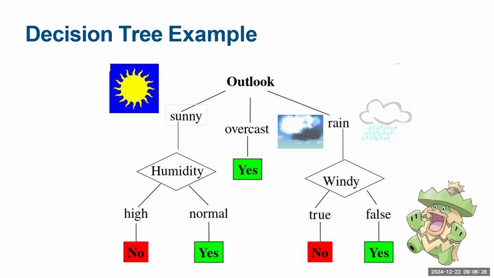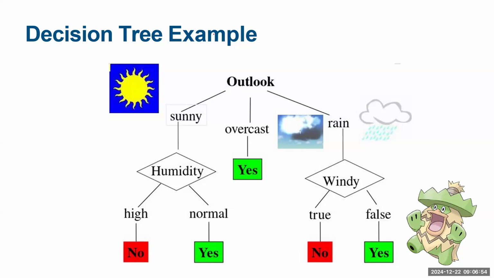The decision node is a node that asks you a question, and you should be able to answer this question based on the data. So you look at the outlook, and you have sunny, overcast, and rain, and depending on the answer, you go down the tree, along the edge corresponding to your answer.